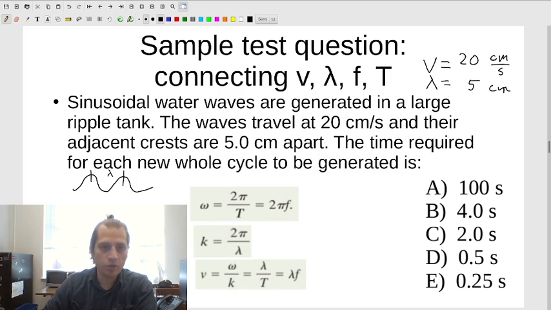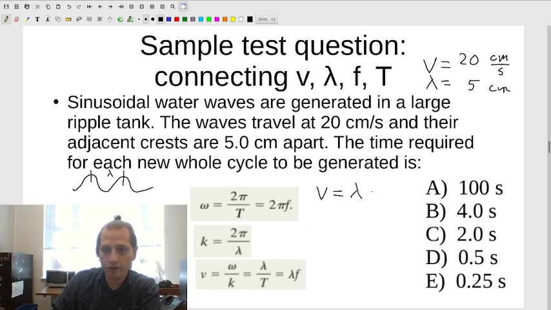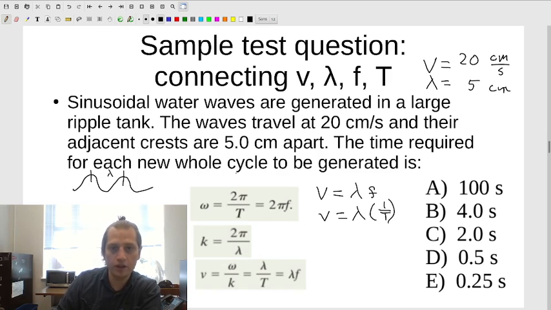It says the time required for each new whole cycle to be generated is, well, you know that v equals wavelength times frequency, or v equals wavelength times 1 over the period. So if you want to find the time required for each new whole cycle, that is the period, and you can find that very easily.